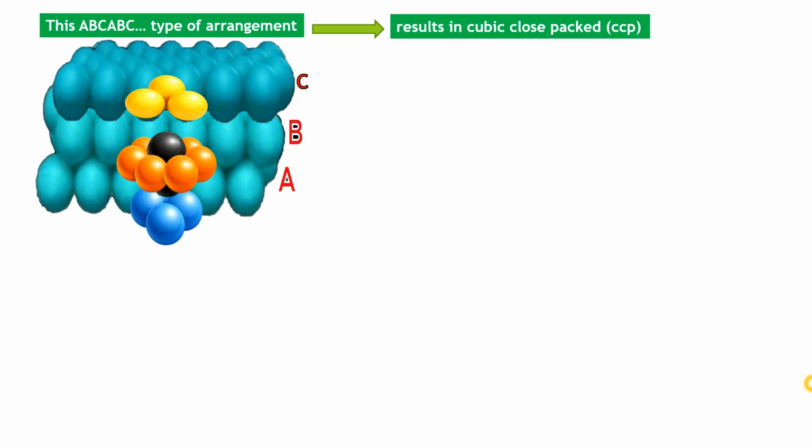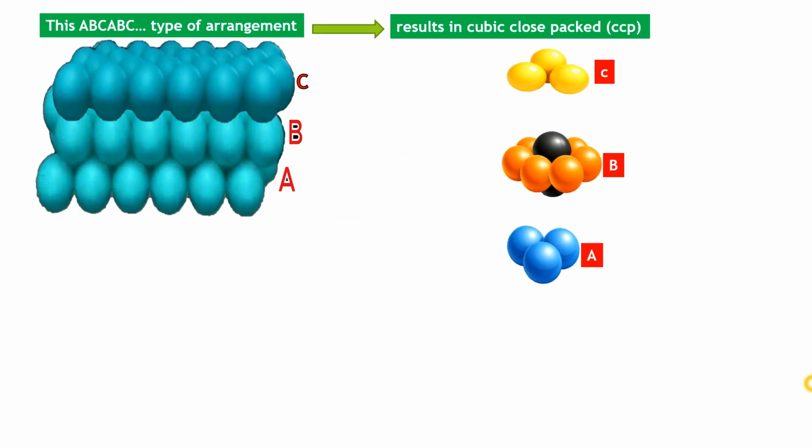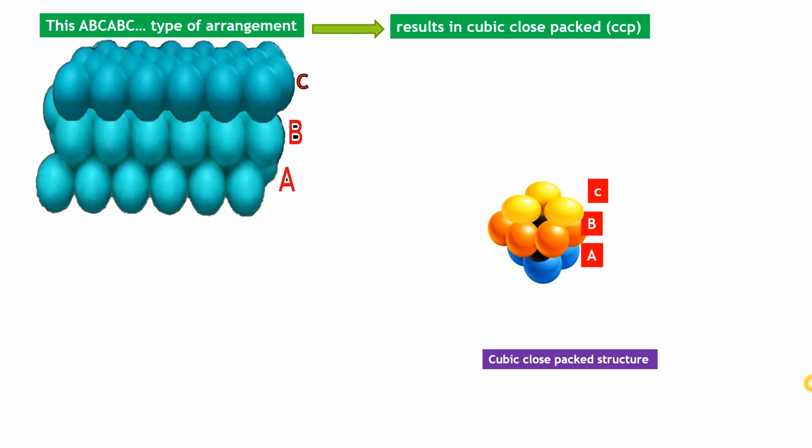Consider an expanded view of ABC type arrangement. Here when B layer is placed over A layer, octahedral voids are formed. When C layer is placed on the octahedral voids, a cubic close packed structure is formed.